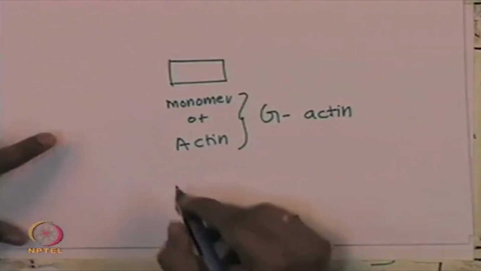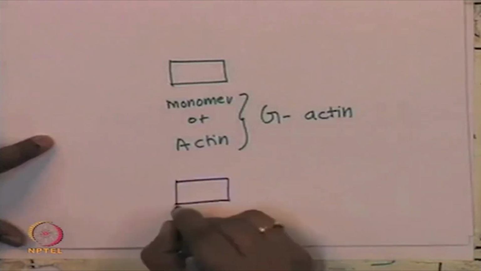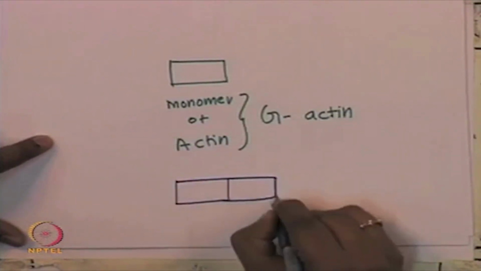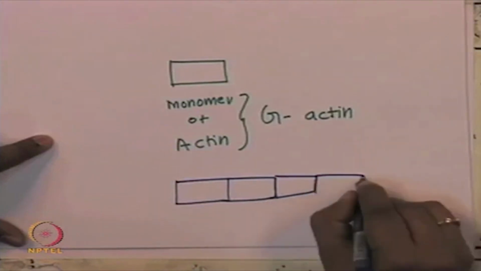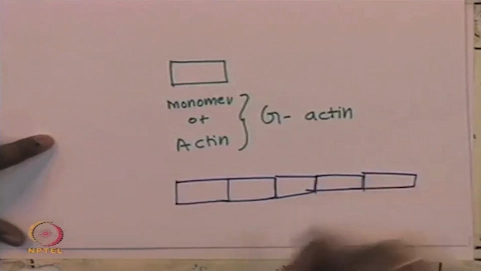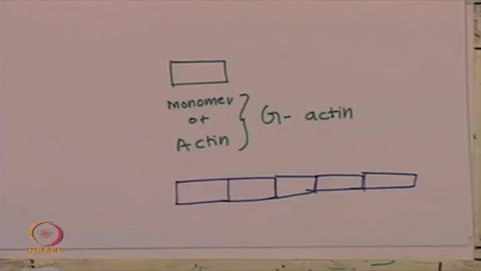Polymerizes means what? They join together. One after another, many monomers join together and form a long polymer.